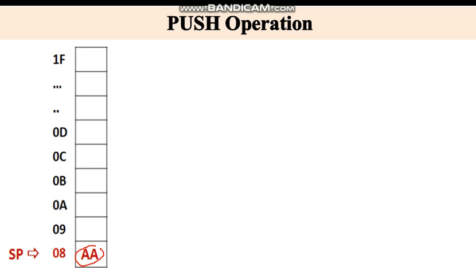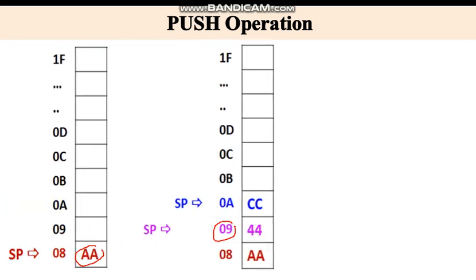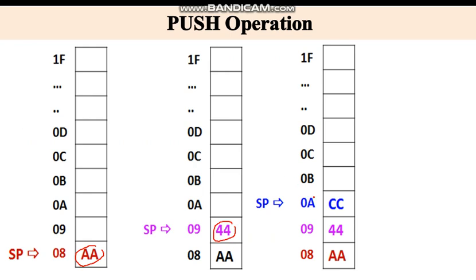First element is added in stack. Then again SP is incremented by 1 and data is added at address 09H. So we have second element 44 in stack. To add third one, again increment SP by 1. So 9 plus 1 equal to 0A. And here we have the third element.